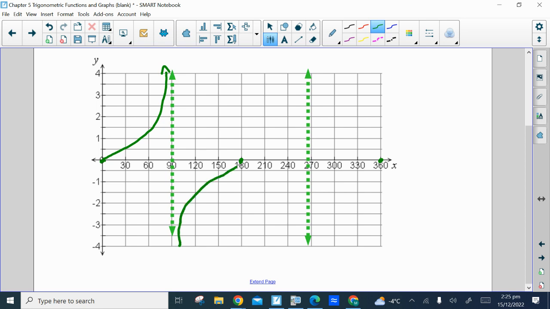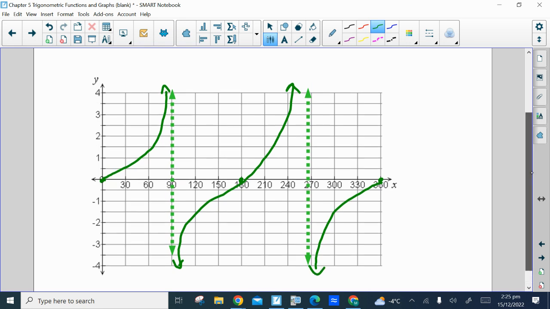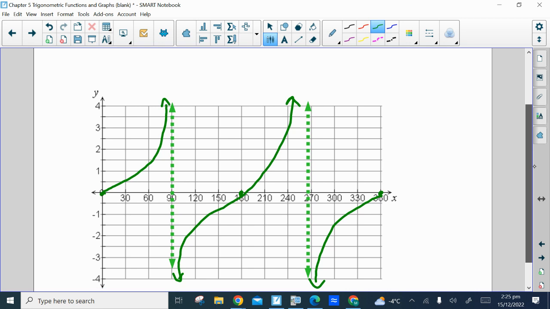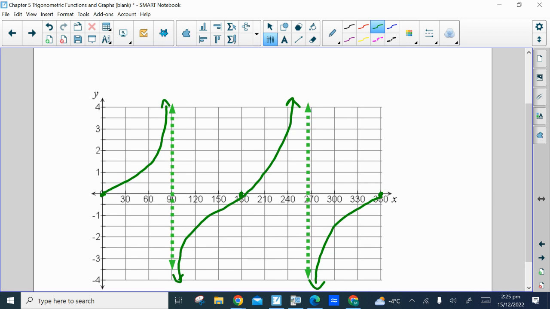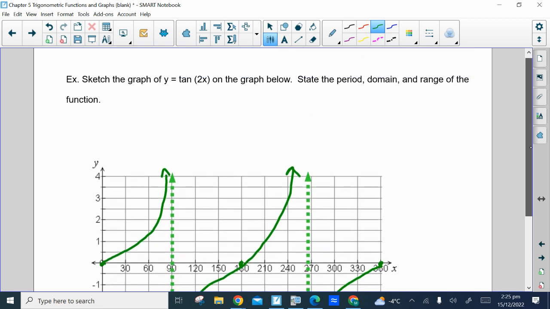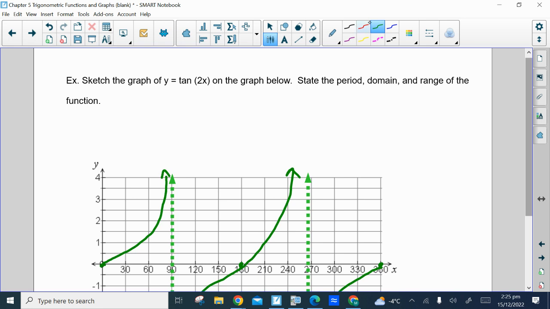So this is the graph of y equals tangent x. It has a period of 180 degrees. So now, for tan 2x, you've got a b value of positive 2. That's going to cause a horizontal stretch of 1/2.